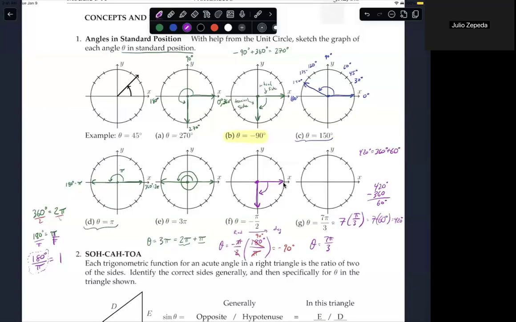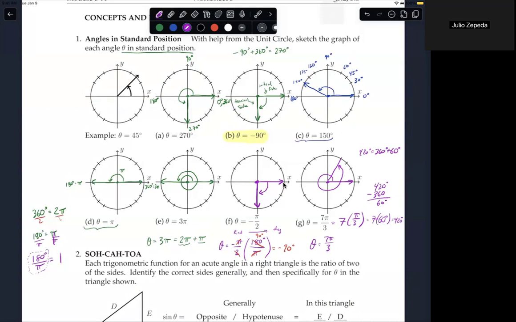Okay, so if I wanted to graph this, my initial side is still at the positive x-axis, one complete rotation, and then these markers indicate 30, 45, and 60 degrees. So there is 7 pi over 3.